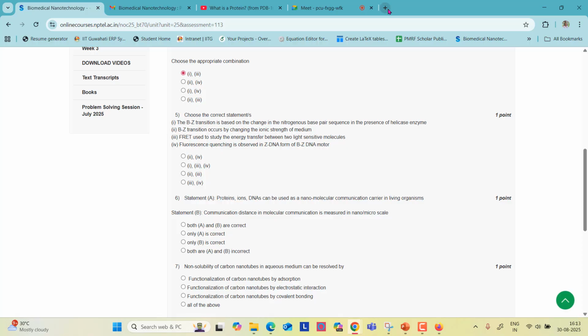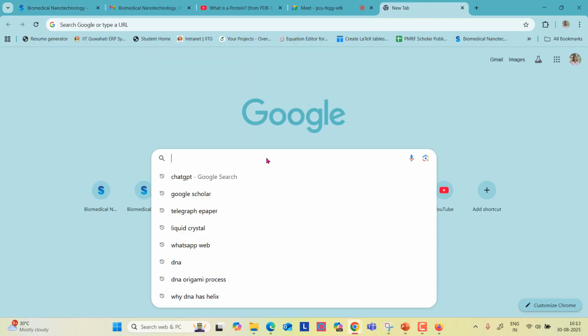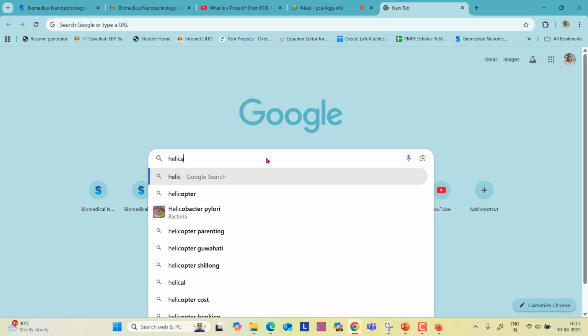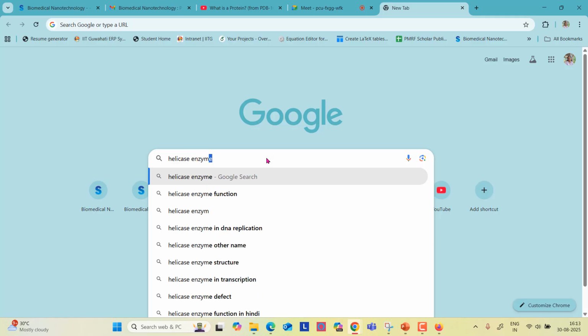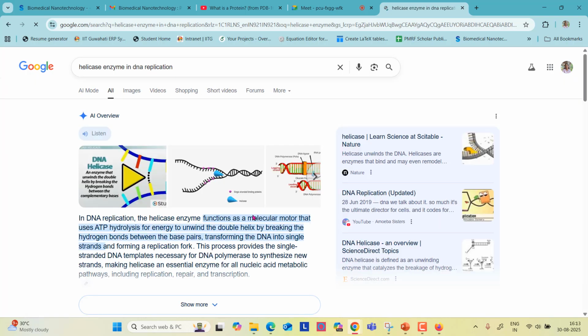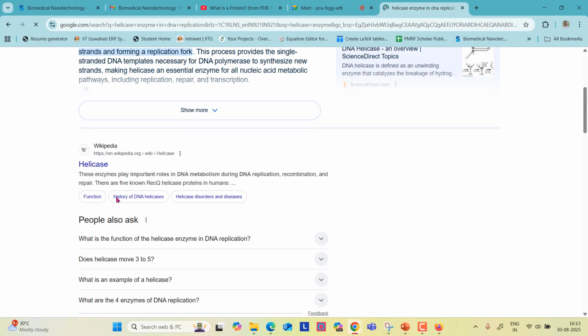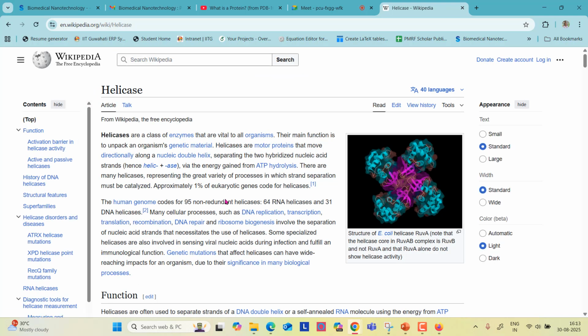I think helicase will work here because let me search what helicase does. So helicase is a class of enzymes that are vital to all organisms. The main function is to unpack an organism's genetic material.